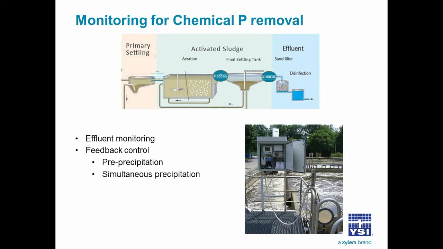With simultaneous precipitation, the locations for phosphate analyzers are either between the aeration basin and the final settling tank or after the final settling tank, to measure the phosphate concentration and give you the information you need to add chemical to secondary treatment. And with post-precipitation, monitoring in the effluent adjusts the chemical dosing upstream.